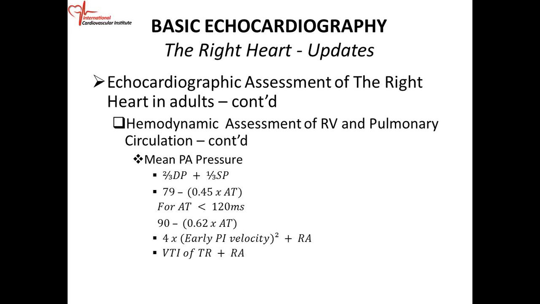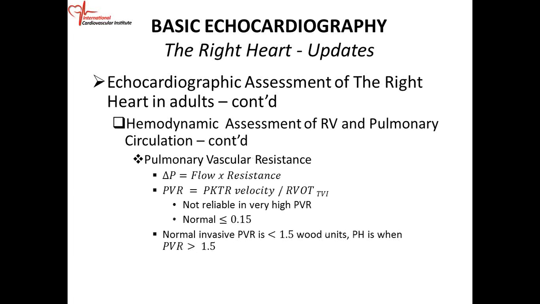And remember that you're going to multiply some number times the acceleration time and subtract it from whatever. You don't have to memorize that equation. You also have to remember that you can use the early PI velocity, square that, multiply it by 4, and then add the right atrial pressure, and you get the mean PA pressure. Don't worry about the VTI method. All right.